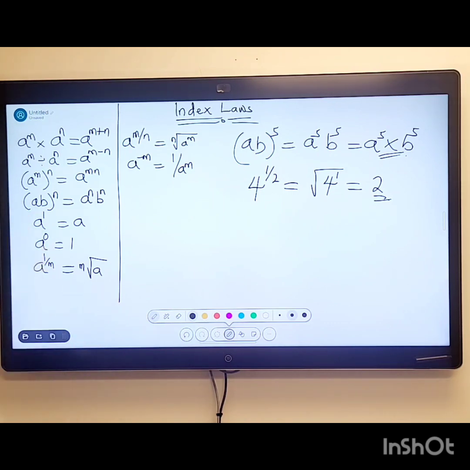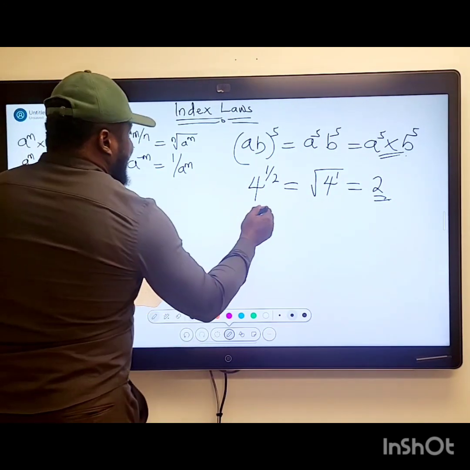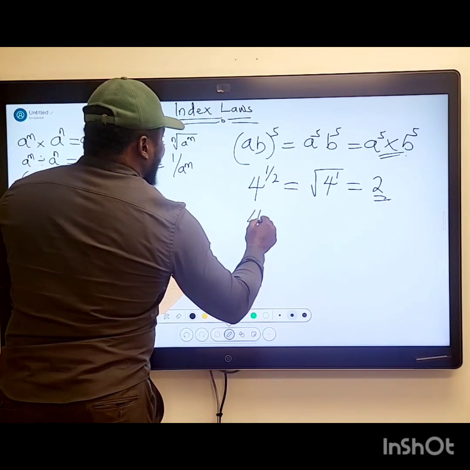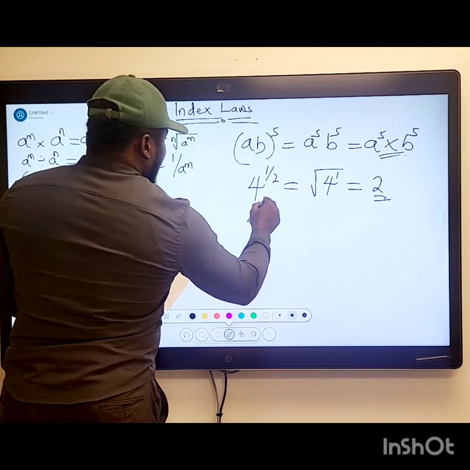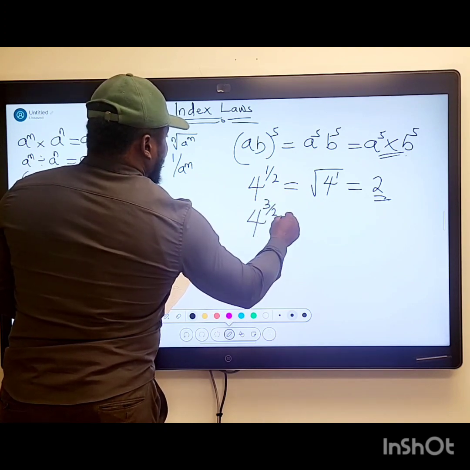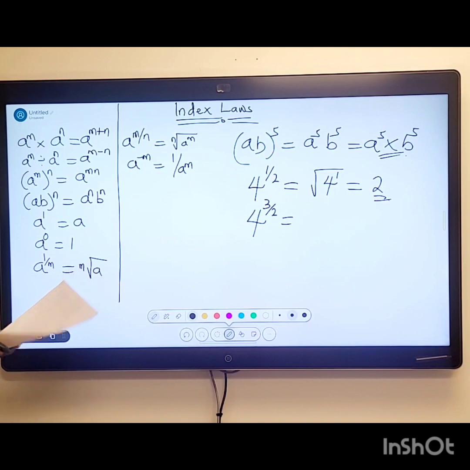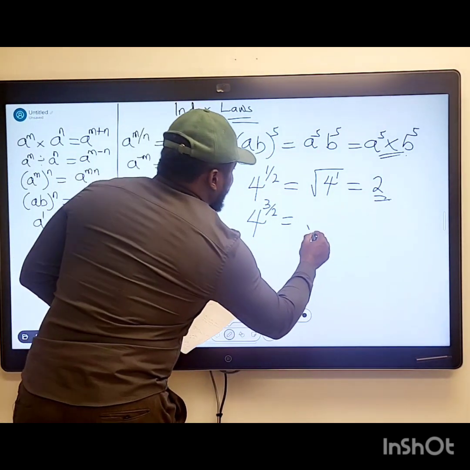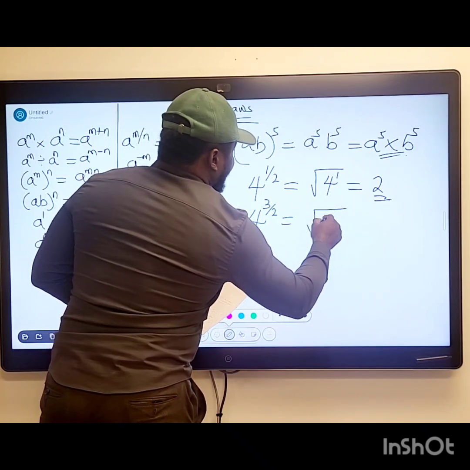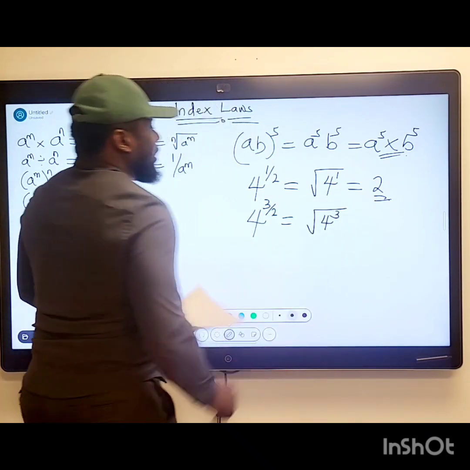Now let's look at this question. I want to explain something, but let's look at this question before I explain that. If you have something like this, 4 raised to the power 3 over 2, it means the square root of 4 raised to the power 3.